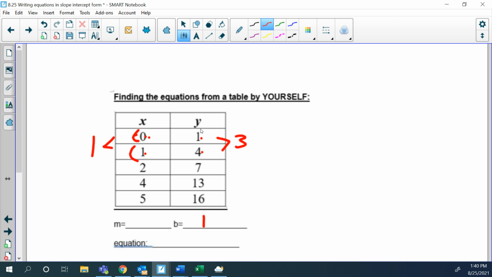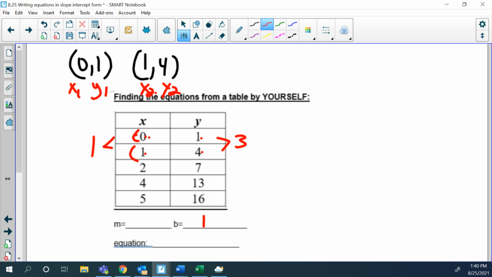Let's finish up this real quick. So my first point is going to be 0, comma 1. My second point is 1, comma 4. And so this is my x1, this is my y1, this is my x2, that's my y2. And remember, it's y2 minus y1 over x2 minus x1.